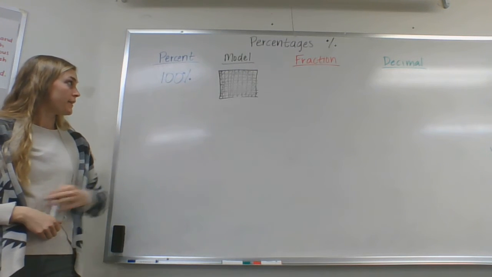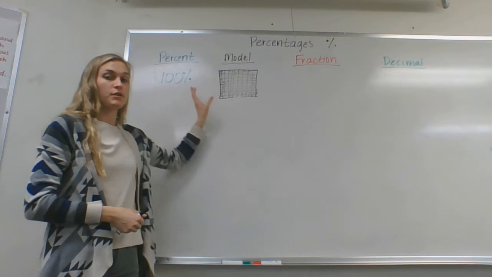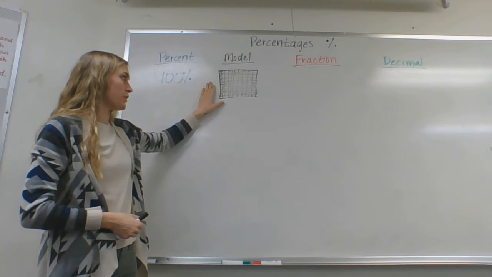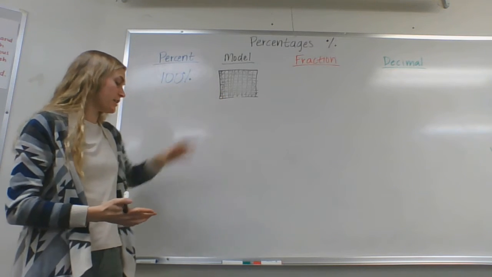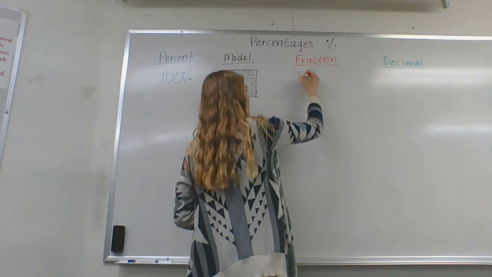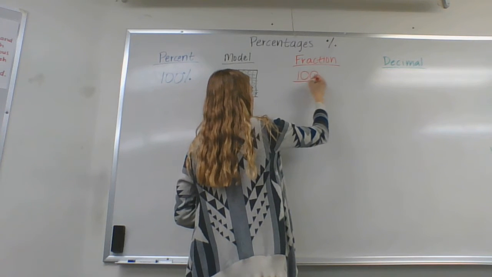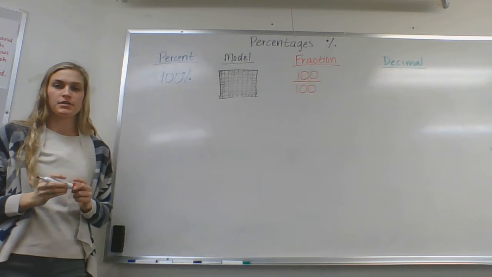Alright? Now that we have our model, the fraction is pretty easy. Because we know there's 100 squares here. And how many of the 100 are filled in, are shaded? 100. So our fraction then would be 100 of the 100 squares are shaded. 100 out of 100.